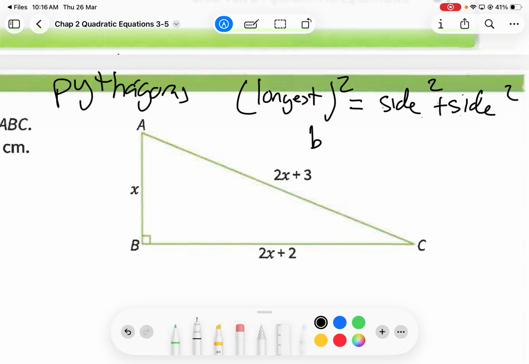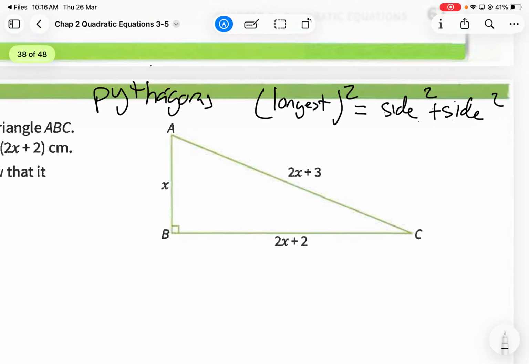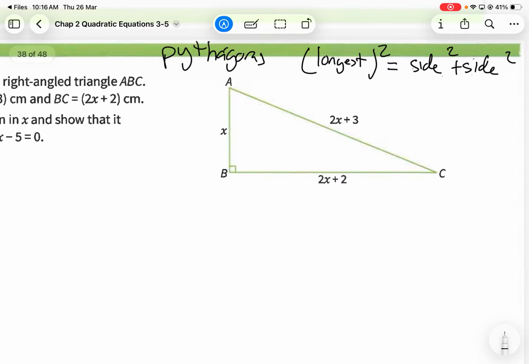So in this case, we are still applying the same thing. Hello. The longer side is here, 2x plus 3. For sure, why you start combing your hair again? Okay?